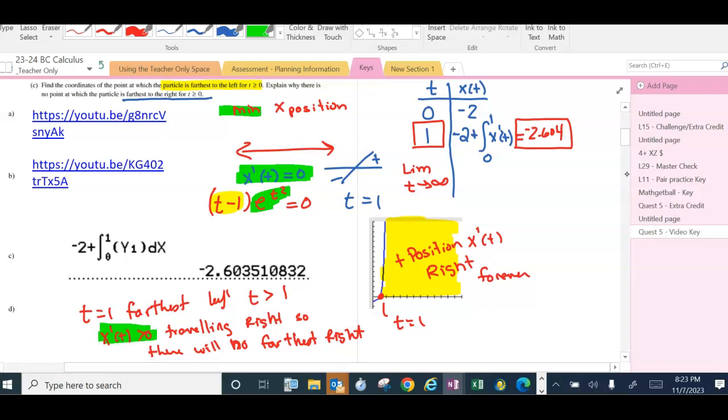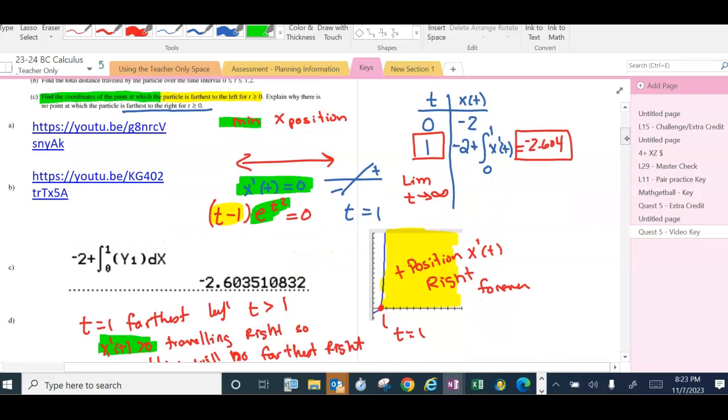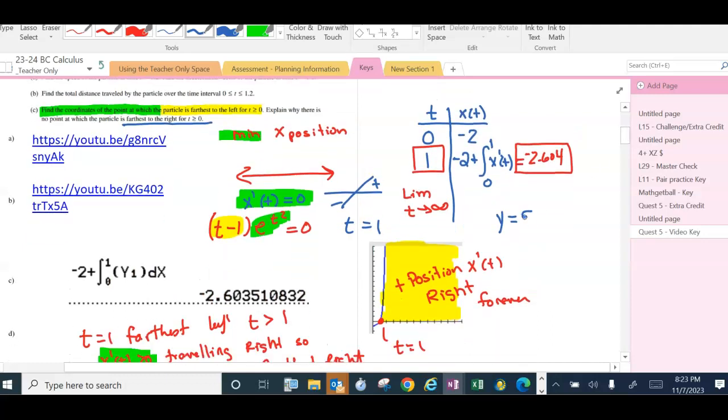Now let's look and make sure we haven't missed anything. Find the coordinates of the point at which the particle is farthest right. We never did find the y value, so we should do that. Our y will be equal to our starting y value, which was 5, plus now we're going to do the integral from 0 to 1 of our y prime t.